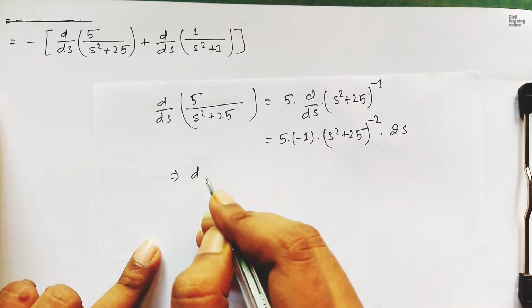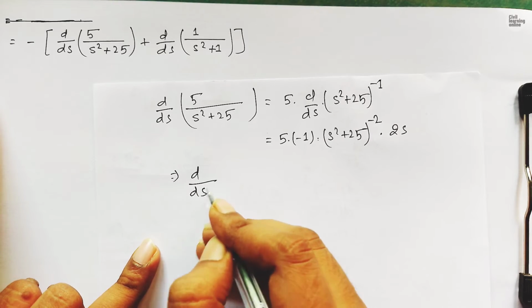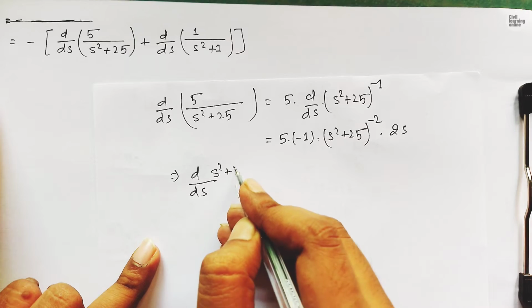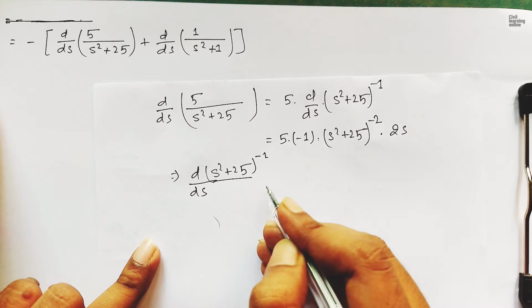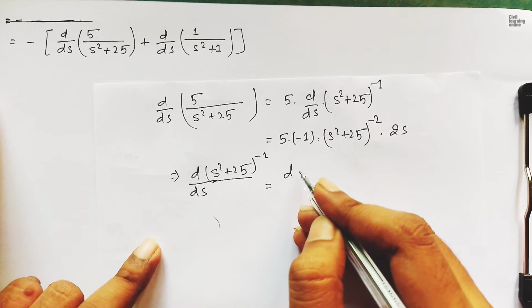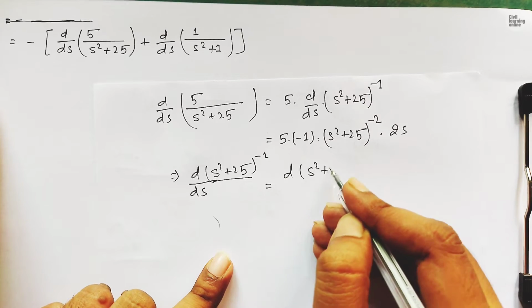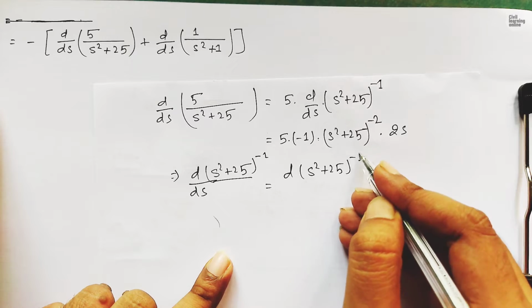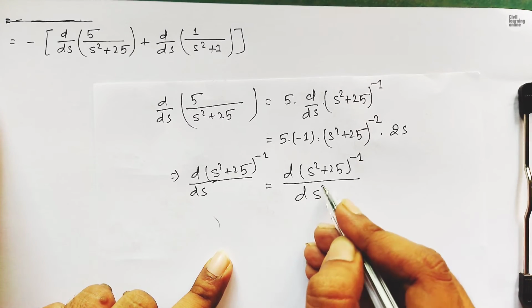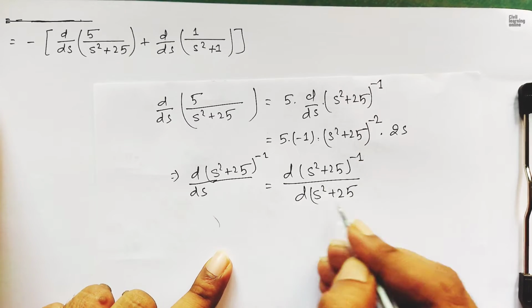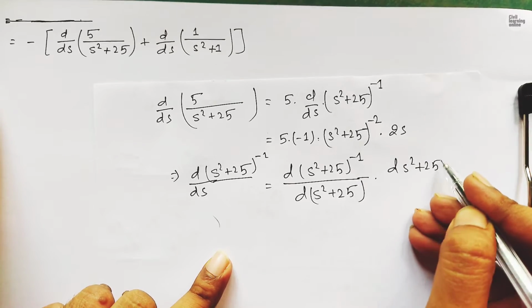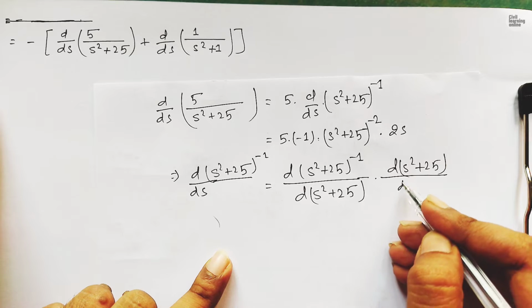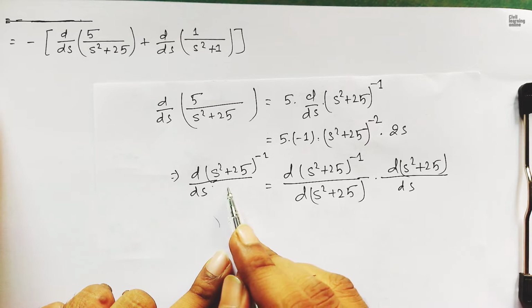What happens here, see, derivative of (s square plus 25) to the power minus 1 with respect to s, it will get converted as d of (s square plus 25) to the power minus 1 upon d(s square plus 25) times d(s square plus 25) upon ds. This gets converted into this.